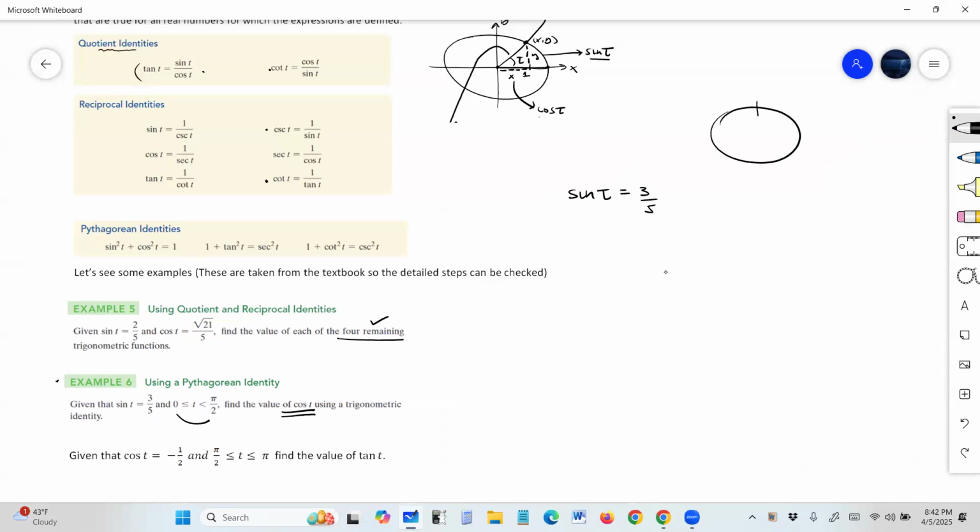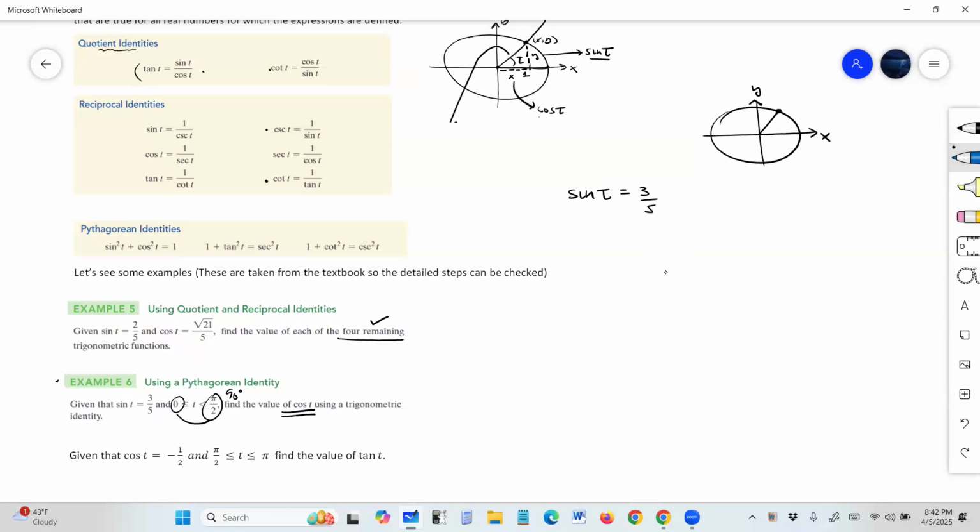So first of all, I have to know where the angle is. All right, so here's my unit circle. And I was told that the angle is less than 90 degrees and greater than or equal to 0. So which quadrant is this? Well, bigger than or equal to 0 and less than 90 is obviously in the first quadrant.